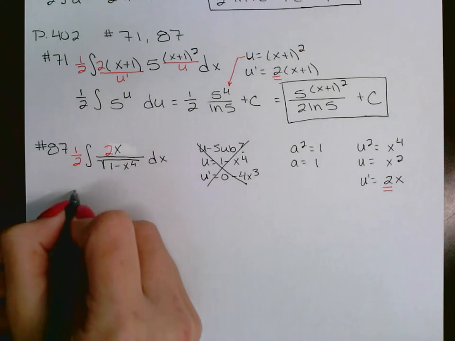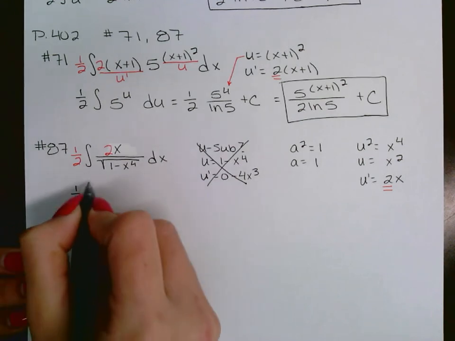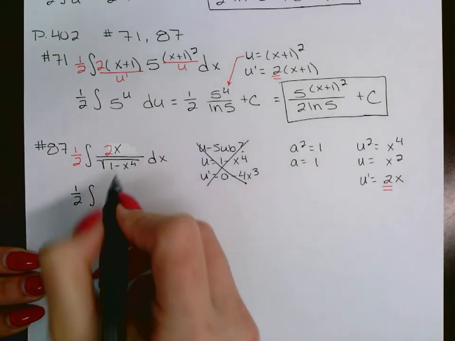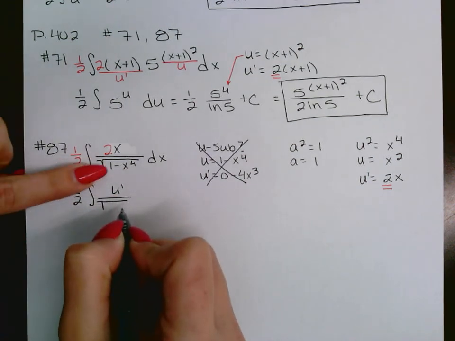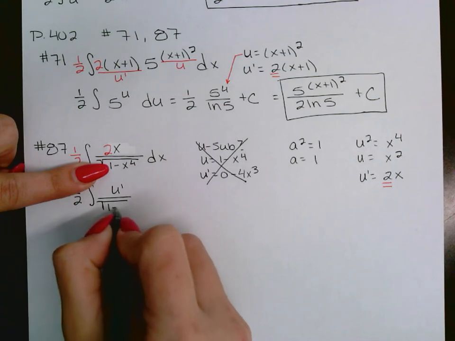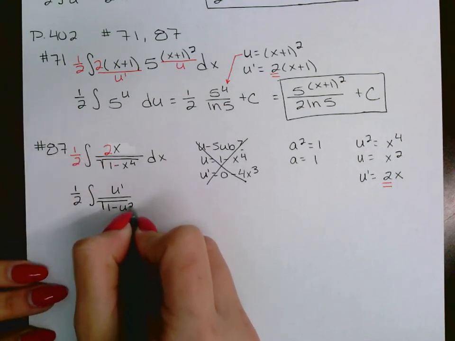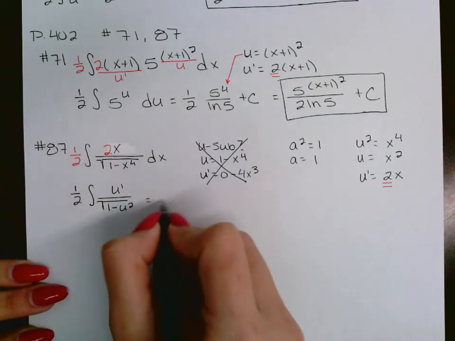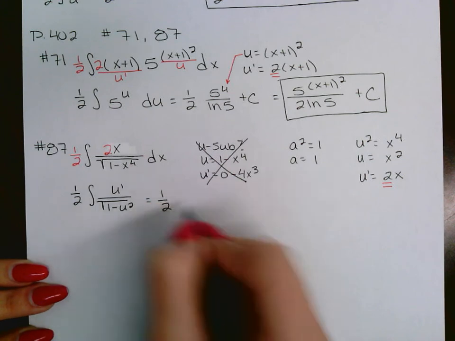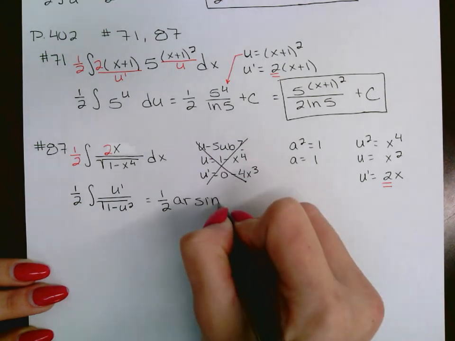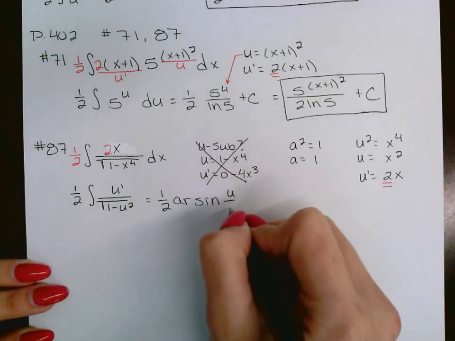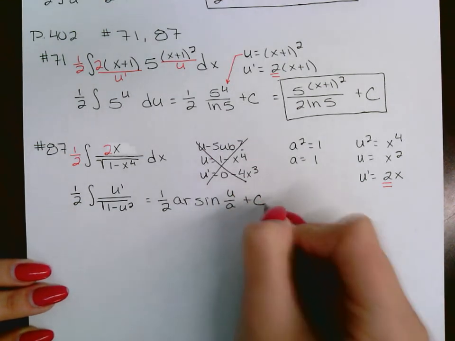So drop that 1/2. Okay? Integral of u prime over square root of a squared minus u squared. And which arc is this one? Nice. Arc sine, okay, of u over a plus c.